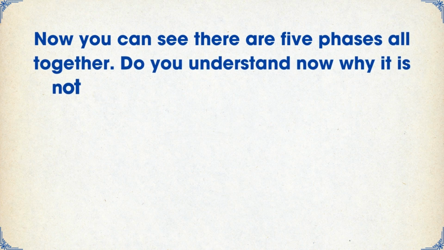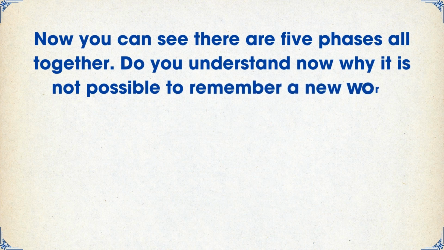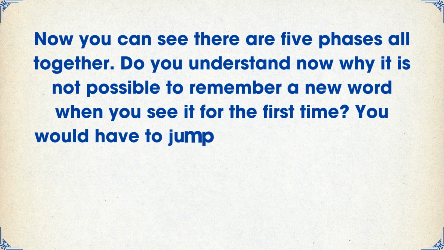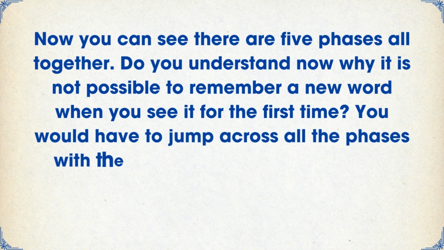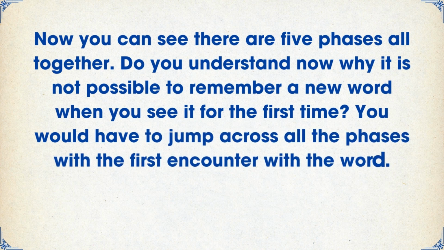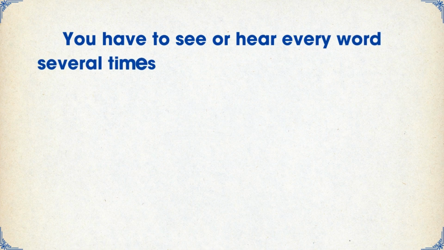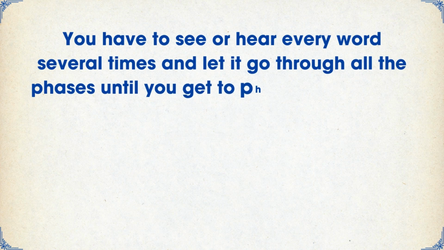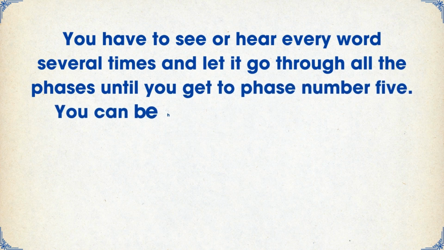Do you understand now why it is not possible to remember a new word when you see it for the first time? You would have to jump across all the phases with the first encounter with the word. You have to see or hear every word several times and let it go through all the phases until you get to phase number 5.